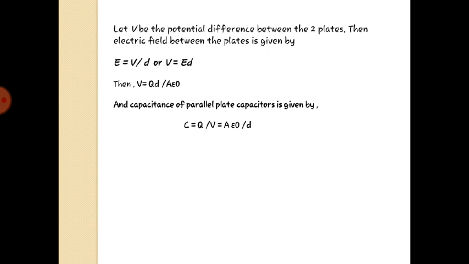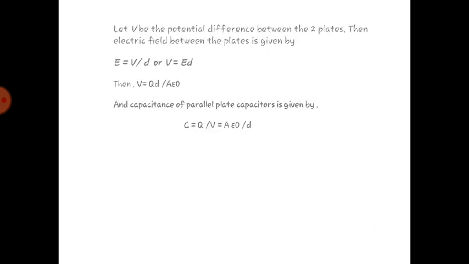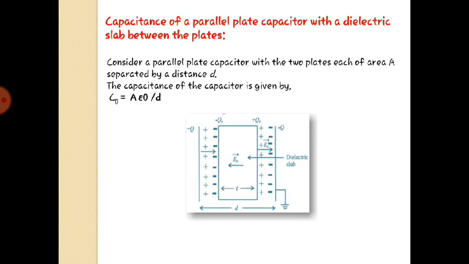So now we are going towards the next point, in which we are going to see what exactly happens when a dielectric slab is placed between two capacitor plates, or two conducting metal plates. Either the capacitance increases or it decreases, that we are going to see.